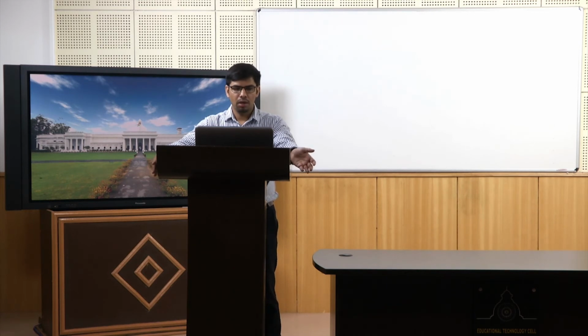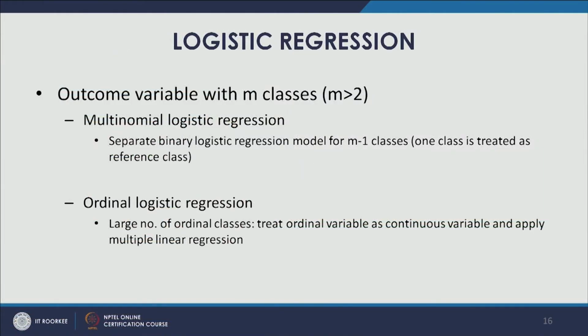So this is multinomial logistic regression, and it is applicable mainly to nominal variables, that is, categorical variables having nominal classes. The second scenario is when we have a categorical variable with ordinal classes, an ordinal variable. In those cases we can apply ordinal logistic regression.